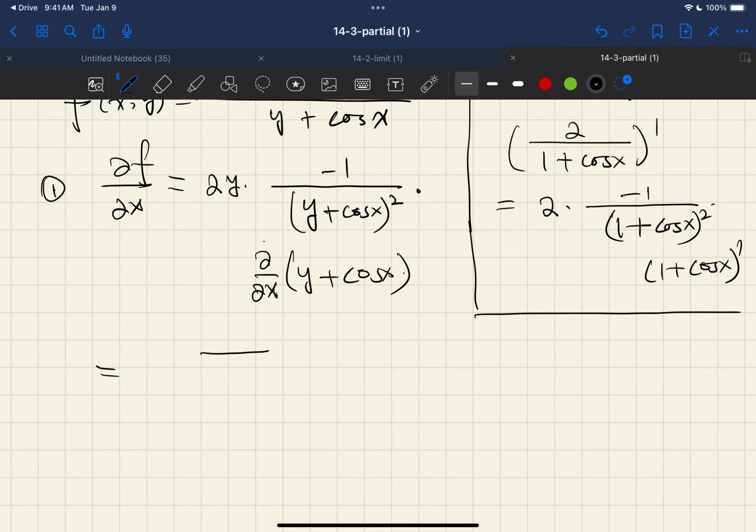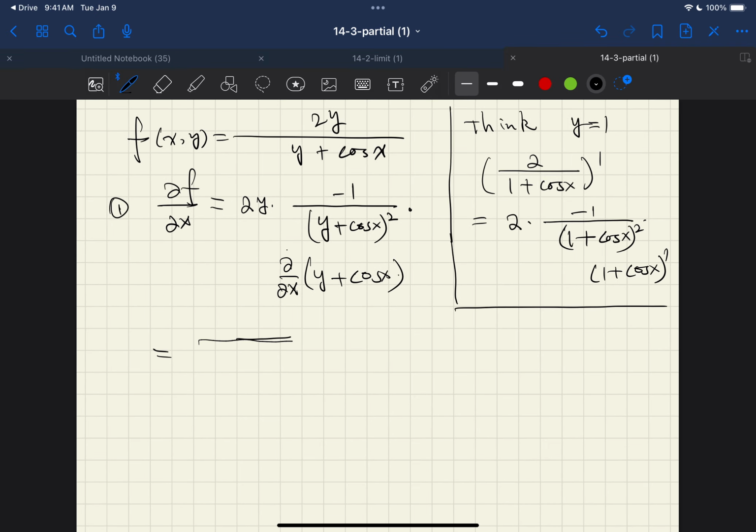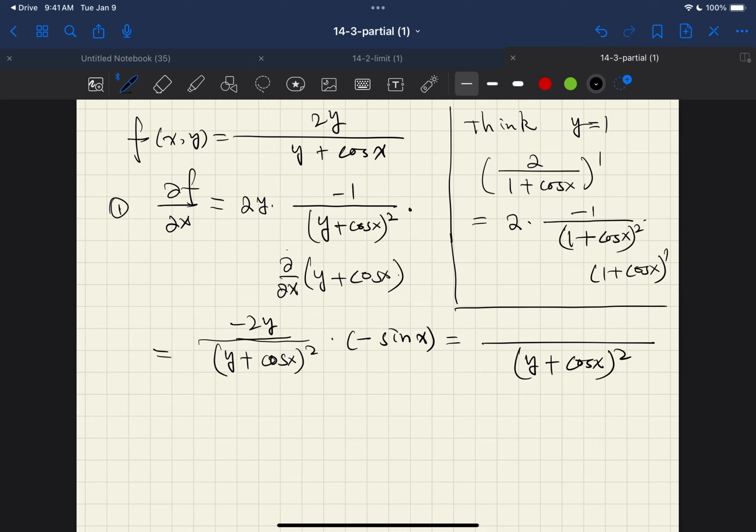Then we have (y plus cosine x) squared and negative 2y. Because y is constant or frozen, the x derivative of y is 0. And cosine x prime is negative sine x. If we simplify, there's not too much simplification to do.